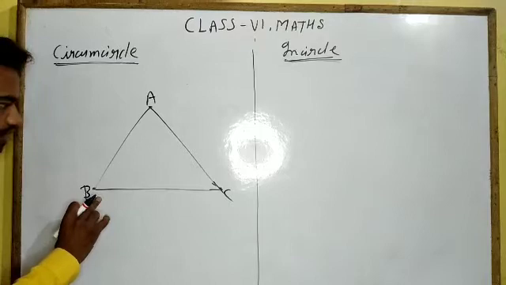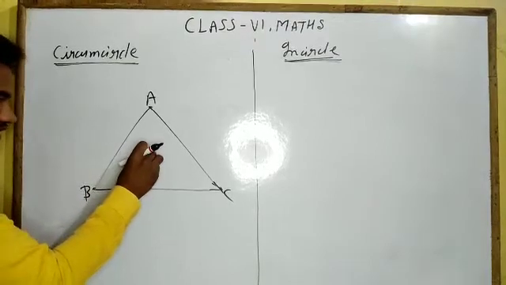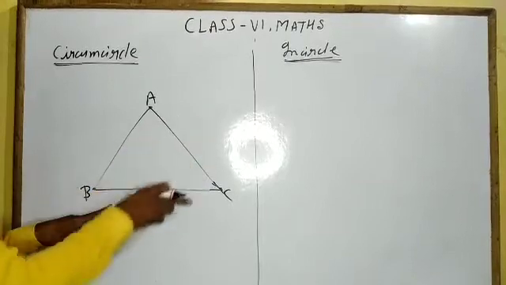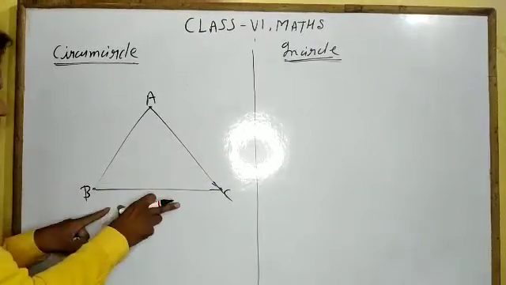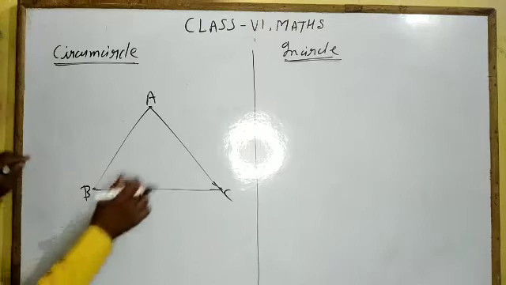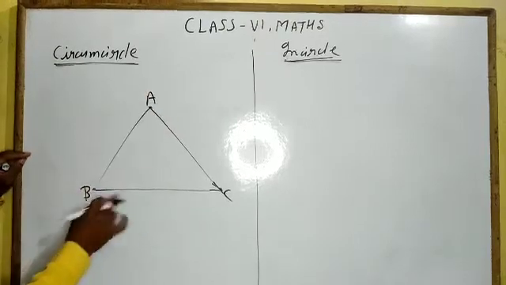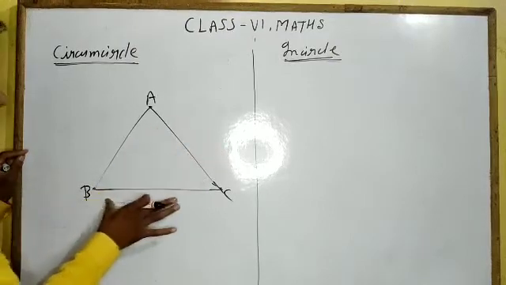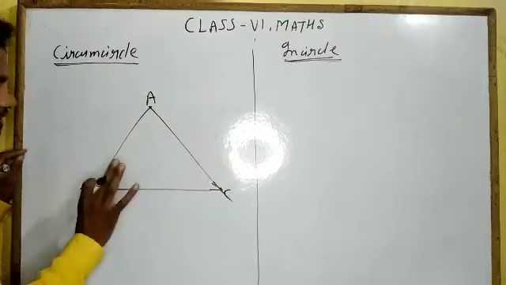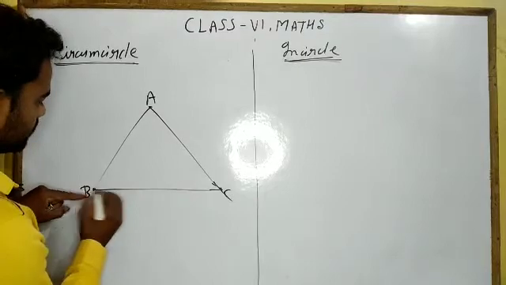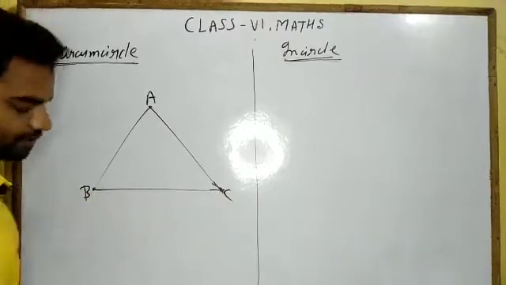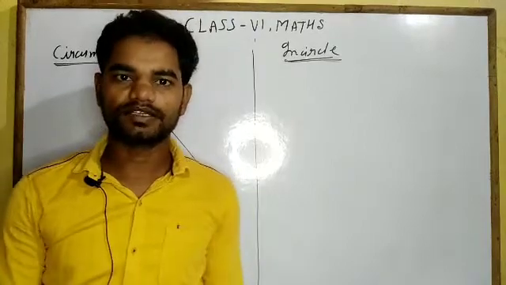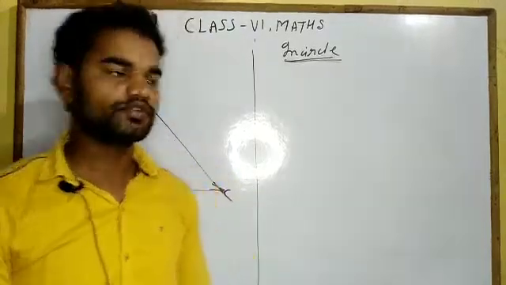In order to find out the center of the circle, we will draw the perpendicular bisectors of any two sides. Suppose that these are sides AB and BC. We draw two perpendicular bisectors of BC and AC, or AB and BC. In a previous video I already explained how to draw the perpendicular bisector.